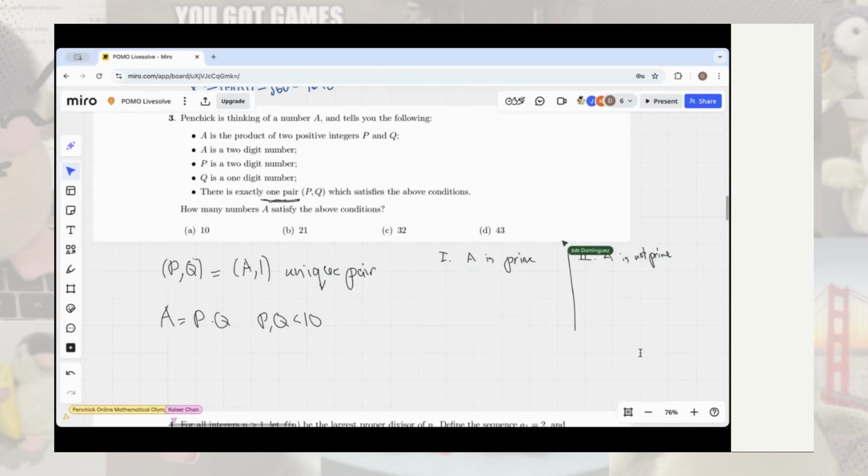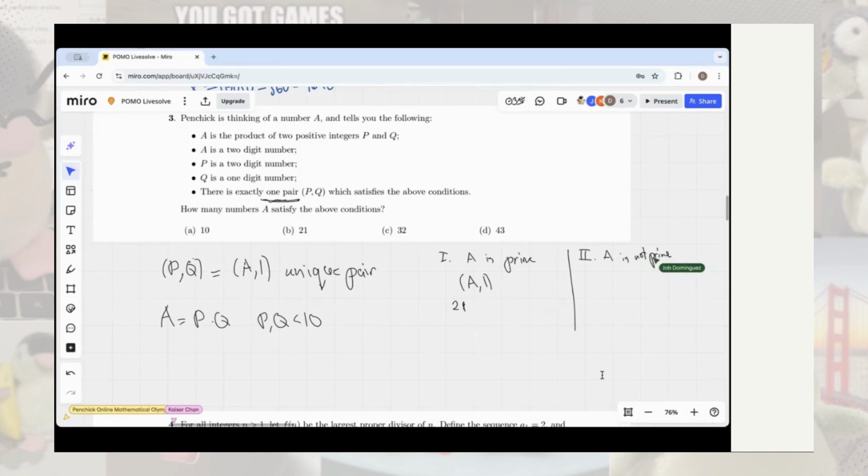Clearly, A being a prime number always works because the only unique pair is A and 1, since a prime number's only factors are one and itself. So there are a total of 21 prime numbers that are greater than 10.